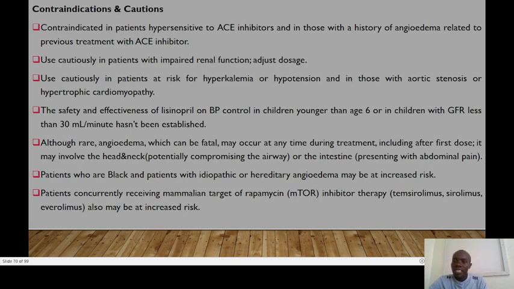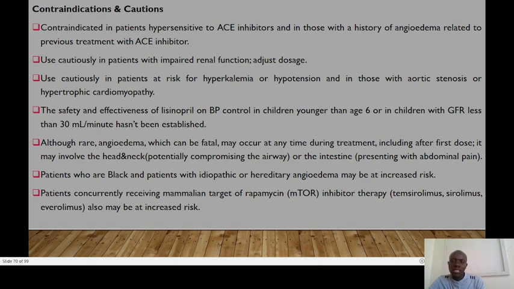Lisinopril is contraindicated in patients who are hypersensitive to ACE inhibitors and those with a history of angioedema related to previous treatment with an ACE inhibitor or any other drug associated with this one. So you have to use it cautiously in patients with impaired renal function and adjust accordingly.